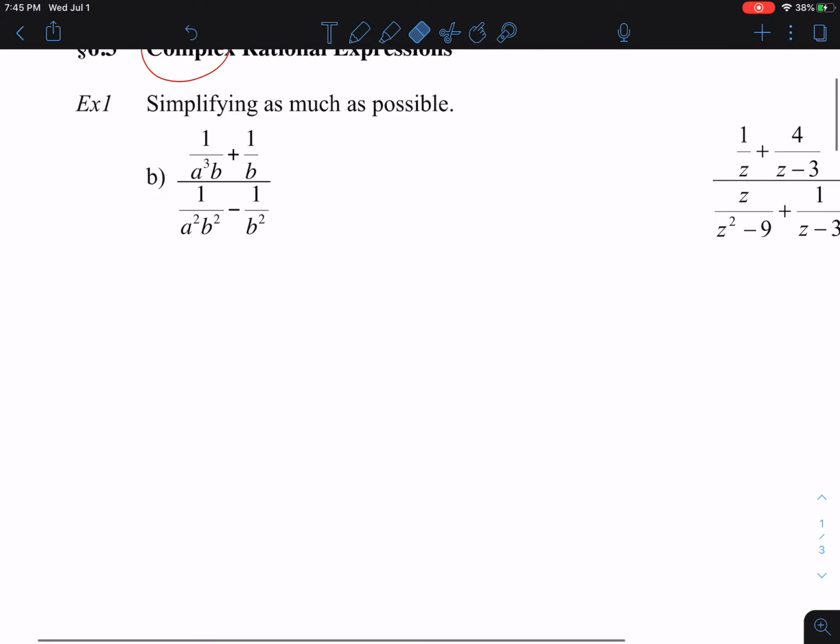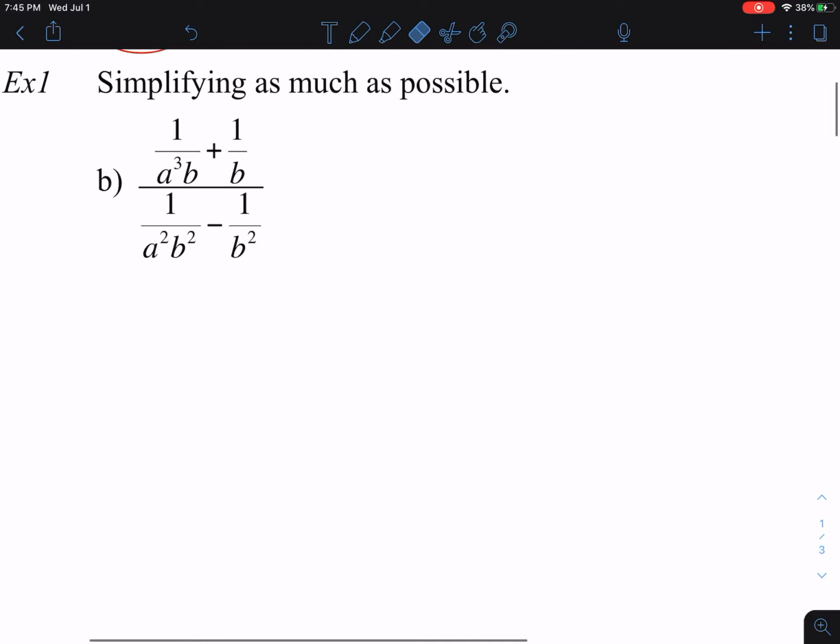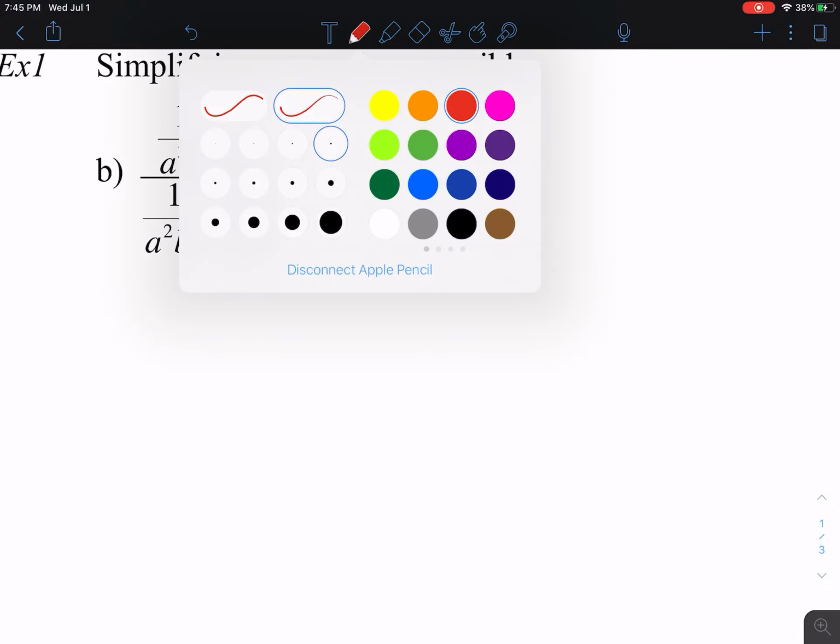The way we simplify a complex fraction is to multiply the fraction by a factor of 1, so that we're not changing the value of the fraction, but just making it a nicer equivalent form. So it has to do with finding the LCD.